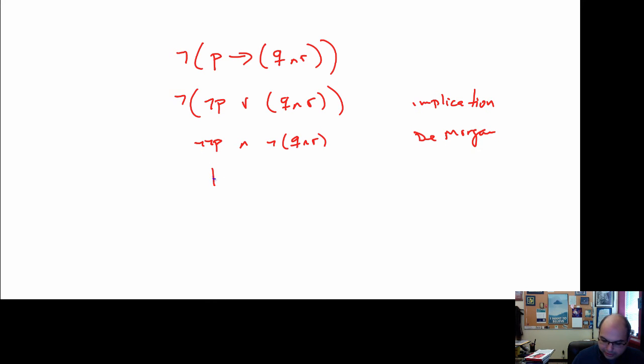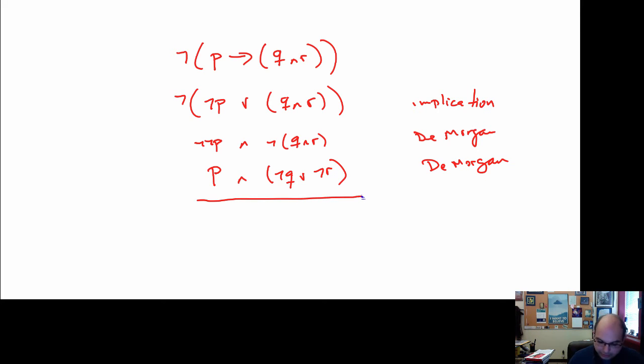right? And this is just P and (not Q or not R), and again this is De Morgan, right? So this is actually what the negation of an implication is, okay?